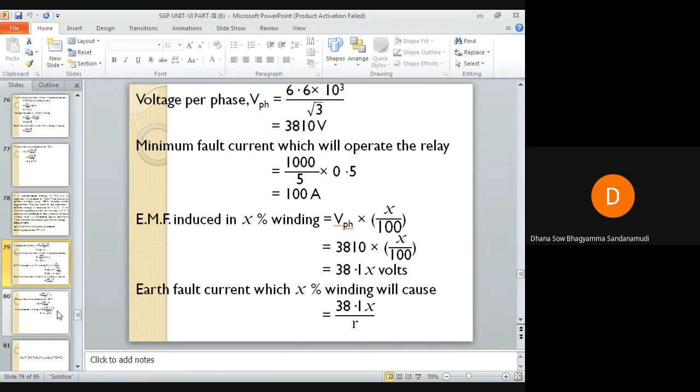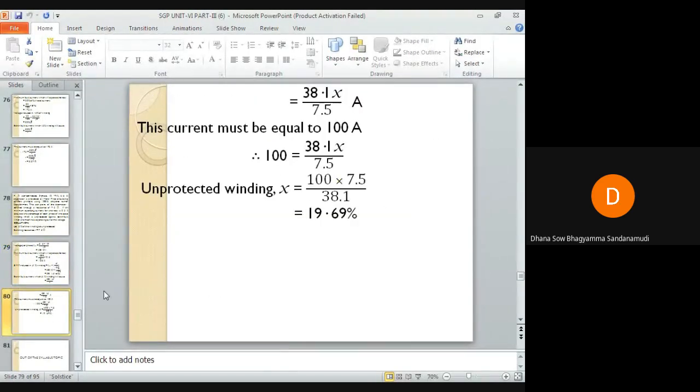Okay. Shall I change this slide? Here you can see I have equated 100 with 38.1 X by 7.5. So I have determined the unprotected percentage X value.